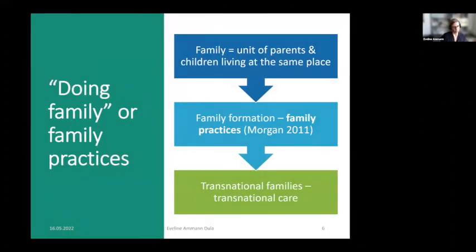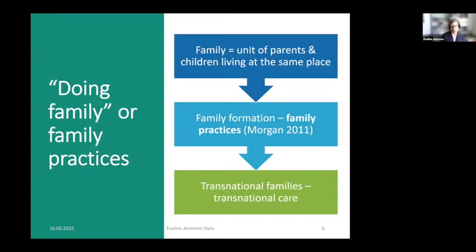So this was just one example, to give something more concrete than theory. For example, the family unit, as I said, is often linked, especially in Europe, to a very virtuous approach that can be questioned from a gender perspective and a race perspective. Instead, we can look at family as a process of formation, how families are built.